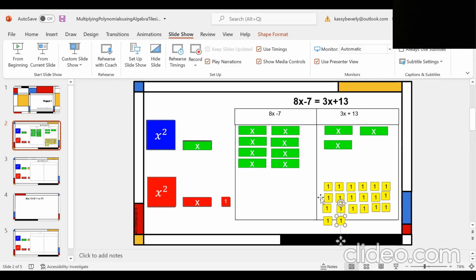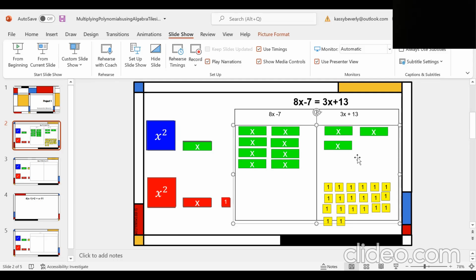All right, so now we have 1, 2, 3, up to 20 units, okay? Now we still have 8x on the left equals 3x plus 20 now.